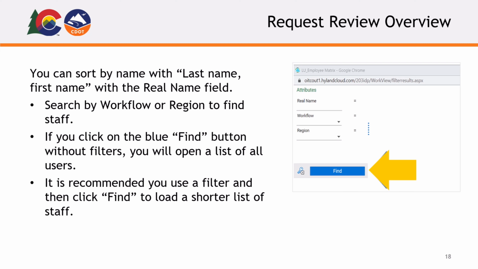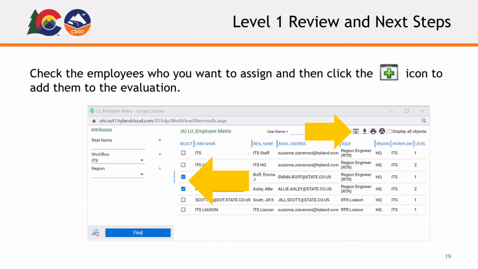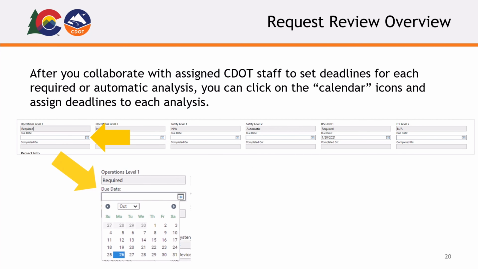If you click on the blue Find button without filters, you will open a list of all users. It is recommended that you use a filter and then click Find to load a shorter list of staff. Check the employees who you want to assign and then click the green plus icon to add them to the evaluation. After you collaborate with your assigned CDOT staff to set deadlines for each required or automatic analysis, you can click on the calendar icons and assign deadlines to each analysis.